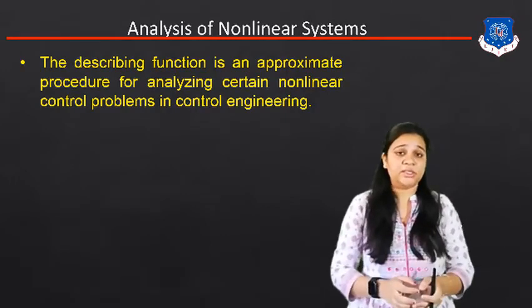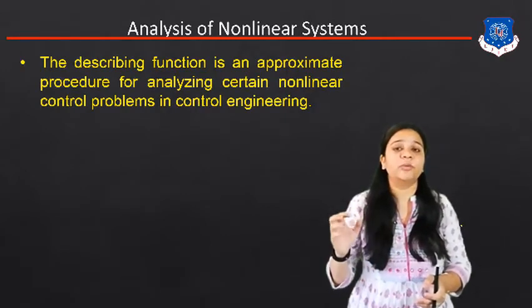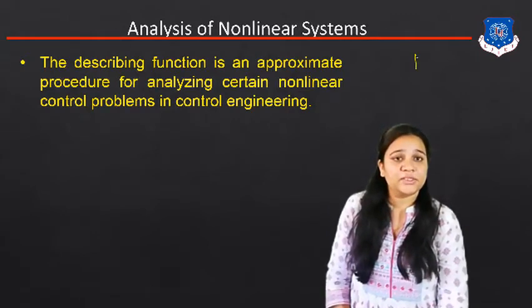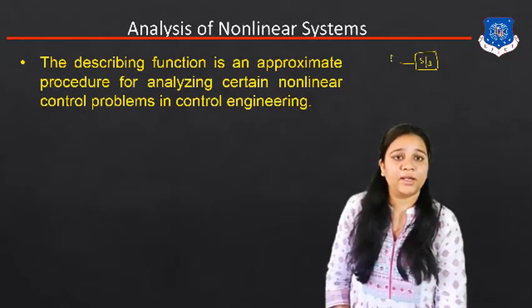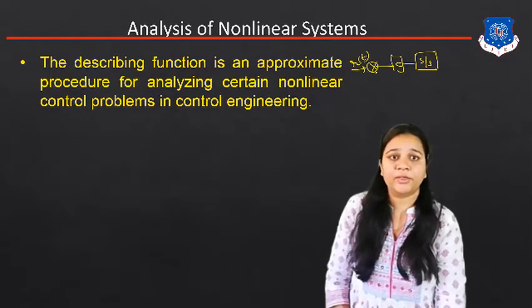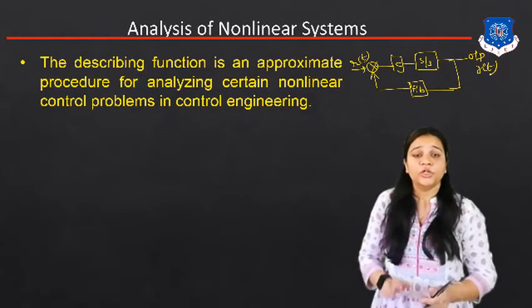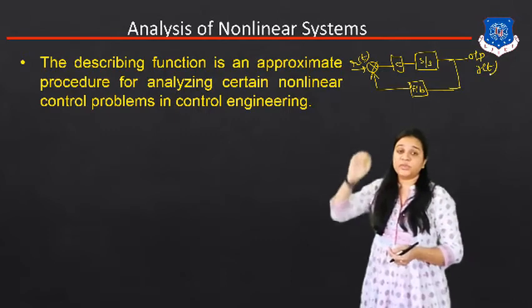That means if there is any change in the input signal, suppose we deal with a closed loop system. This is my system, in which we connect the controller. This is my summing point, r(t) is my input signal, this is my feedback element, and this is my output signal, known as y(t). So a simple closed loop system is given.